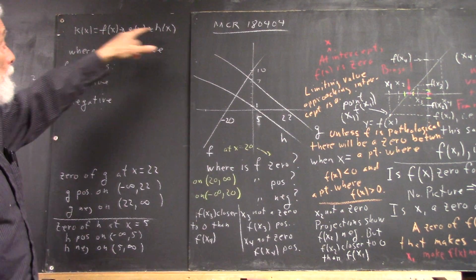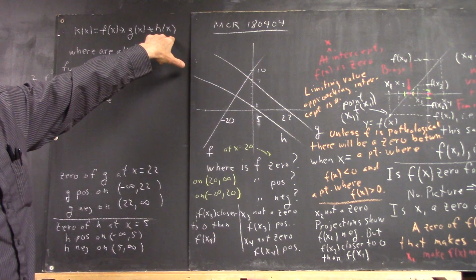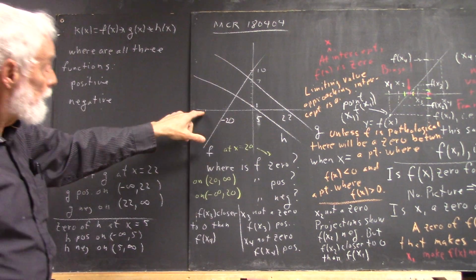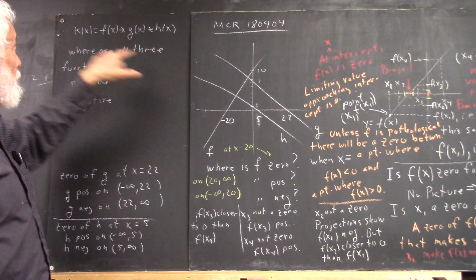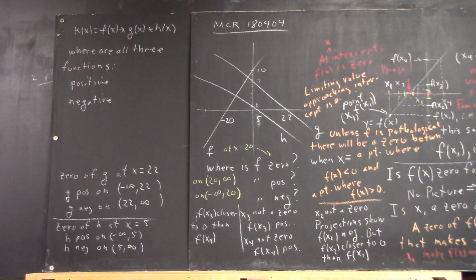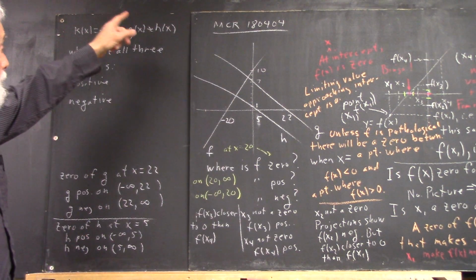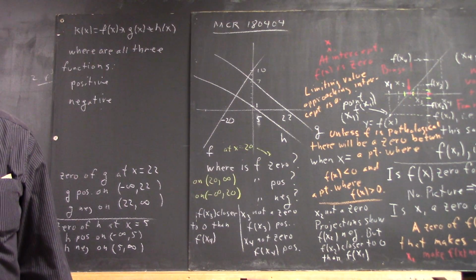So for any x value, we get the value of k by multiplying the three, right? If this is the x value, whatever it is, what can we say about k of x? It's going to be negative, right? Because f is negative, g is positive, and h is positive. Make sense?